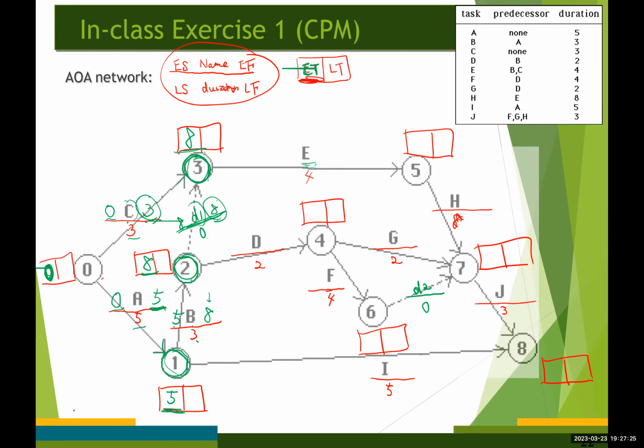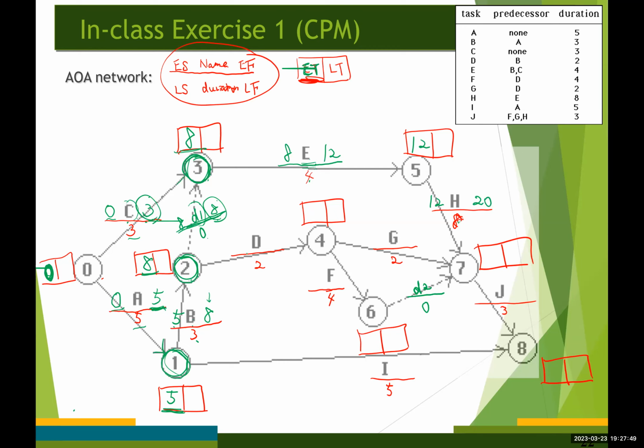Okay, so up here, the early start time for activity E is going to be 8. 8 plus 4 is going to be 12, right? And down here we have 12, and then 12 plus 8 is going to be 20, right?